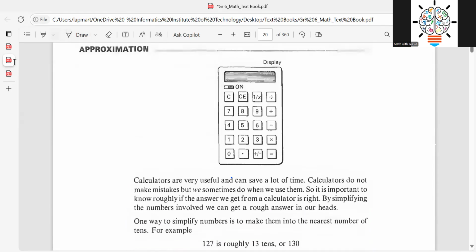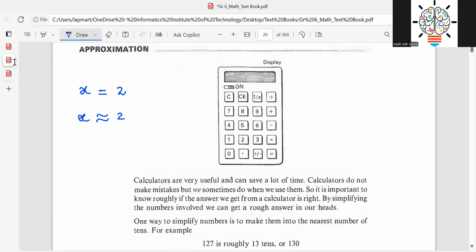So if I want to say something, let's say that x is equal to 2. Exactly it is equal to 2, right? But if I write that x is approximately equal to 2, that means it is not exactly equal to 2. You want to understand the difference between equal and approximately equal.